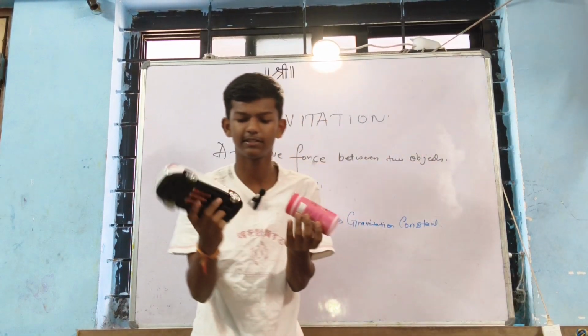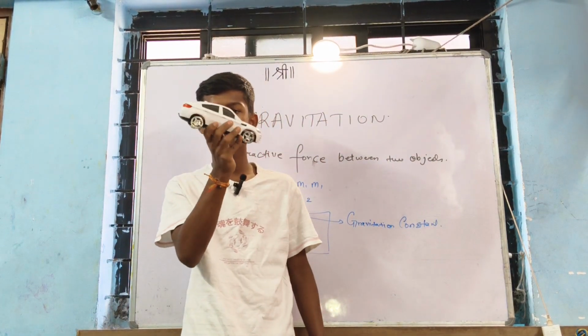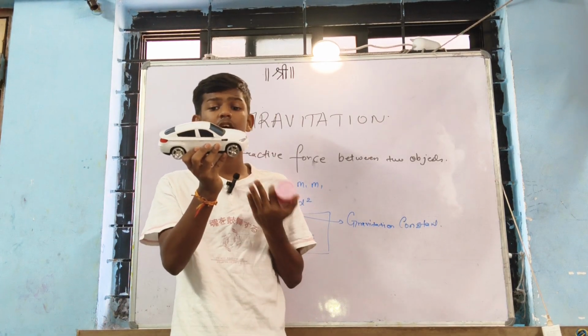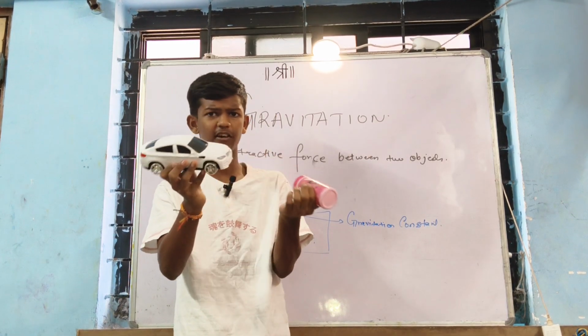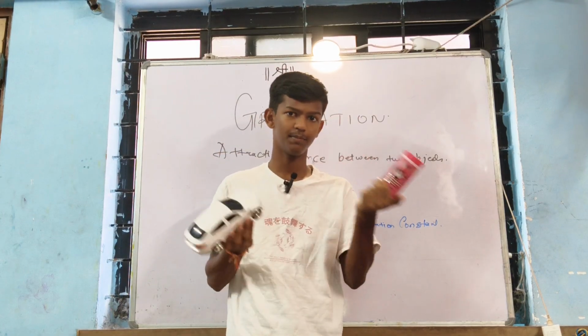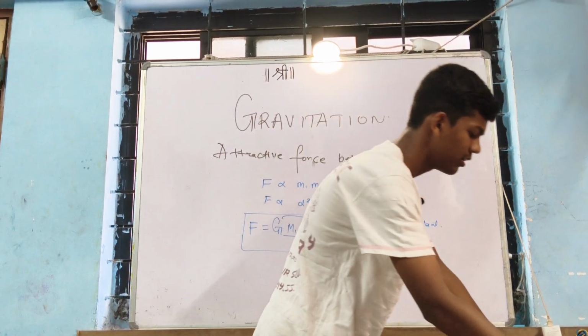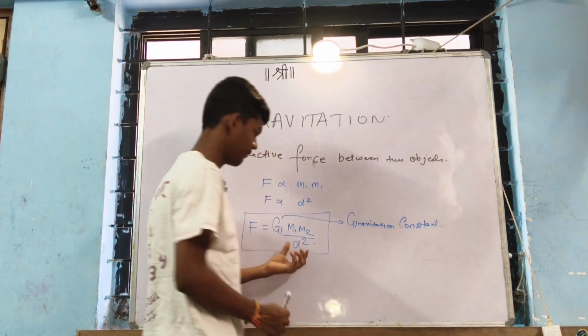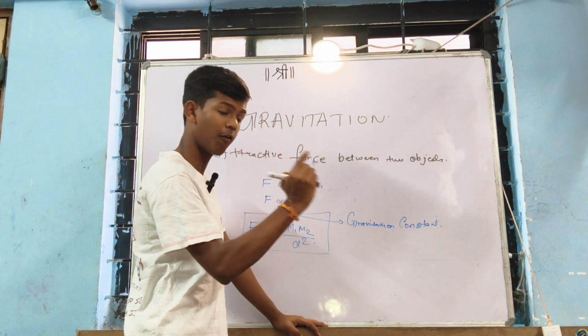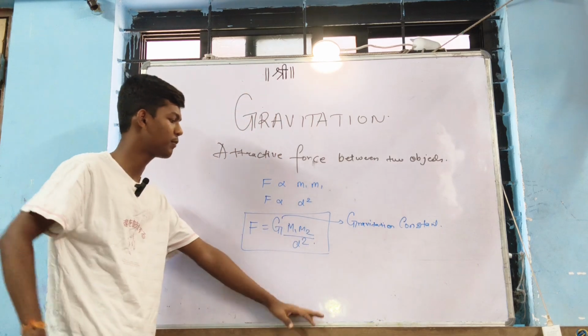If the mass of this car is half a kg, and this is 100 grams, meaning 1/10 kg, they will be multiplied over here, and the square of the distance is inversely proportional.